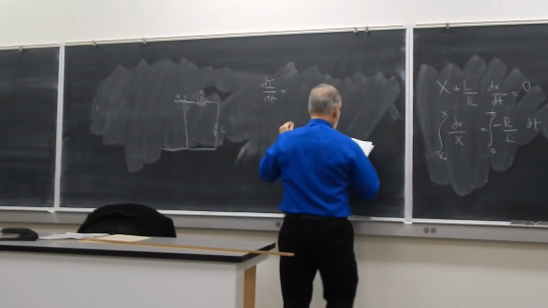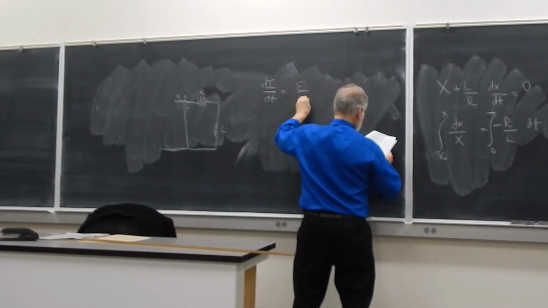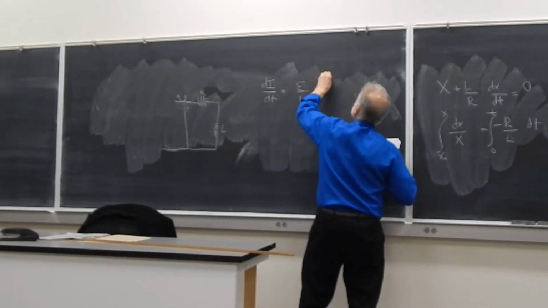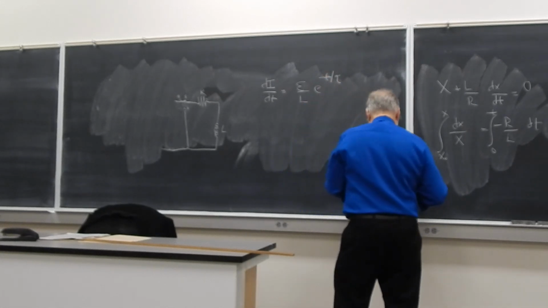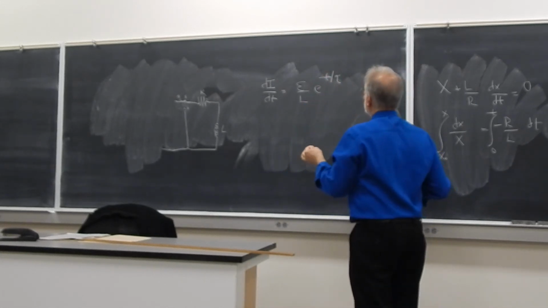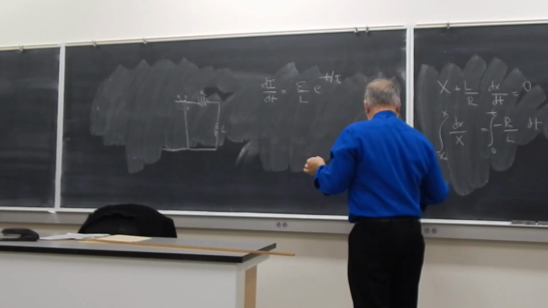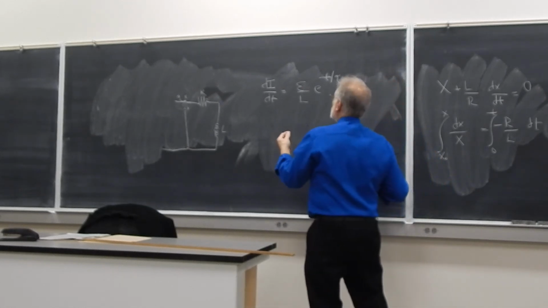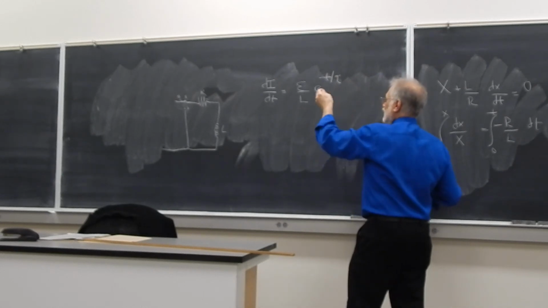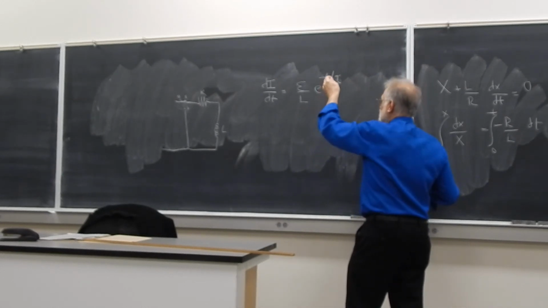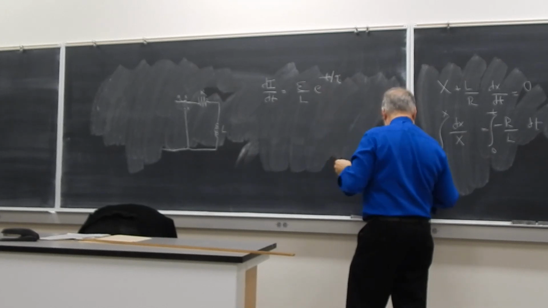Well, that's just going to be equal to E over L times e to the minus t over tau. So that's the time rate of change of current. At t equals 0 it is at its maximum, but it's going to fall off exponentially. So my change in current with time is going to become less and less.